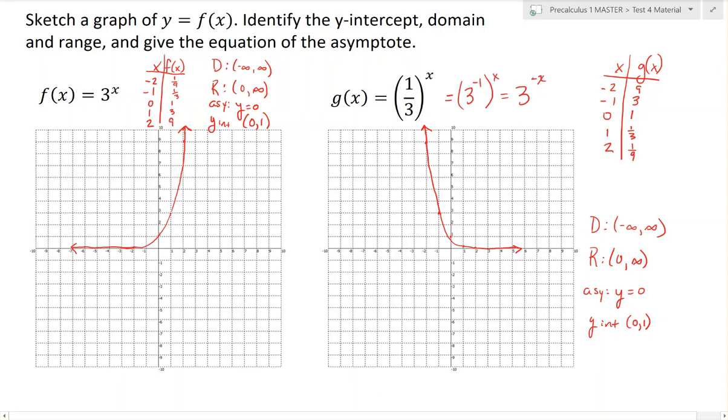So when you replace your x with negative x in a function, it makes the graph resulting from this equation flip over the y-axis. It makes all of your y's the same, except that the x's changed sign. So a 9 came from a 2 over here, a 9 came from a -2. All right.